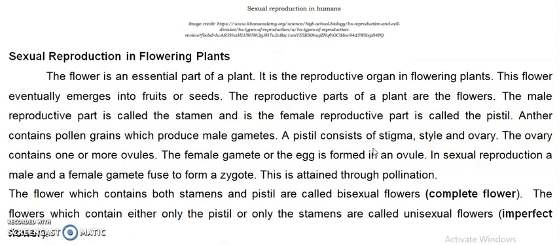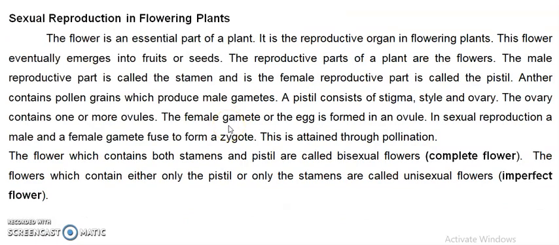Then we have sexual reproduction in flowering plants. The flower is the reproductive organ in flowering plants. Flowers have structures that produce the gametes necessary for reproduction. Once pollen gets transferred to the stigma, the male gametes from the pollen grains are released and fuse with the egg in the ovule to form a zygote.